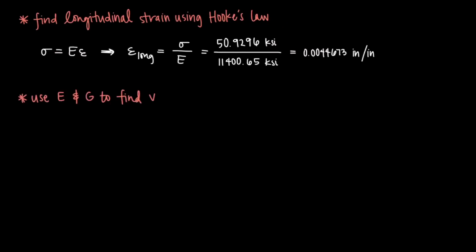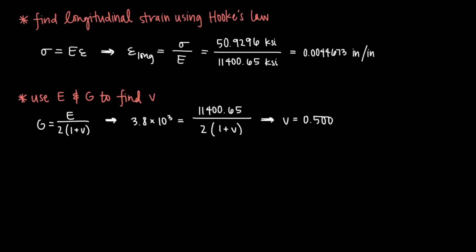Note that we have 2 out of the 3 values that describe the mechanical properties of materials. Do you remember the equation we can use to find the third value? It's G equals E over 2 times (nu plus 1). In this case, we know E and G, so let's solve for nu. Once we do that, we get nu equals 0.5.